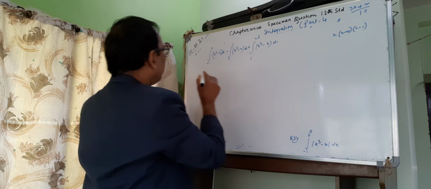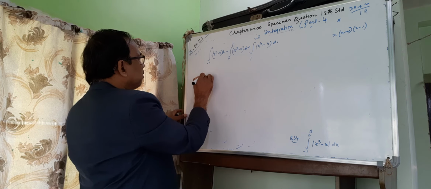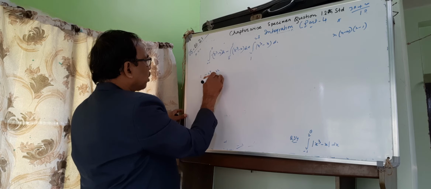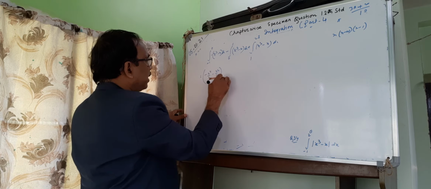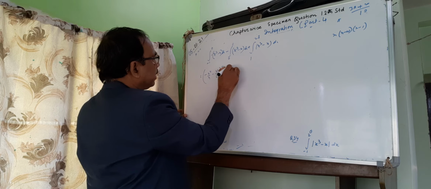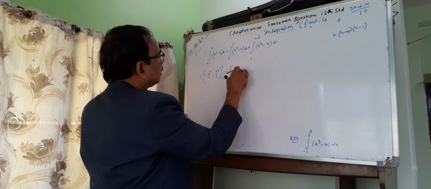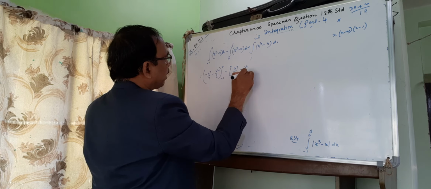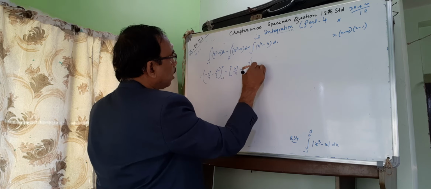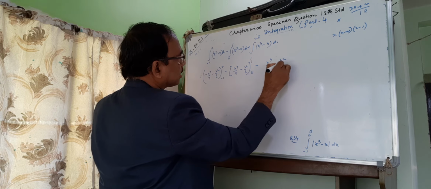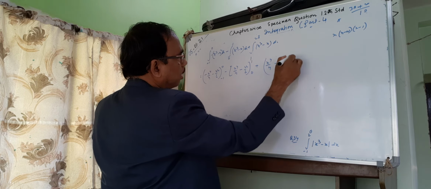Now let's break it. This is minus x to the power 4 by 4 minus x square by 2, that is minus 1 to 0, minus x to the power 4 by 4 minus x square by 2, that is 0 to 1, plus x to the power 4 by 4 minus x square by 2, that is 1 to 2.